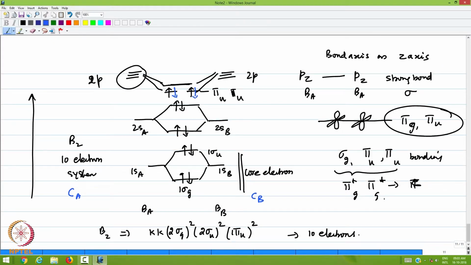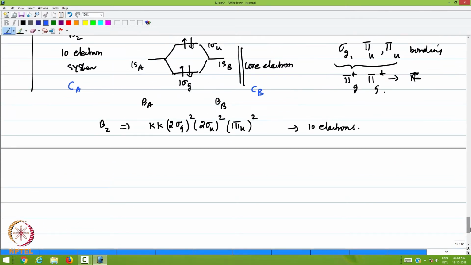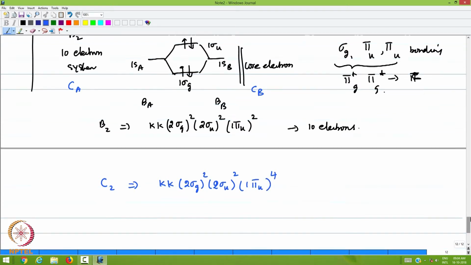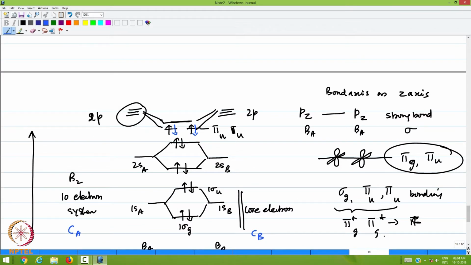Therefore, the C2 electronic configuration turns out to be KK 2 sigma g 2, 2 sigma u 2, 1 pi u 4. It is a degenerate orbital. The pi u orbital is degenerate. There are 2 of them.